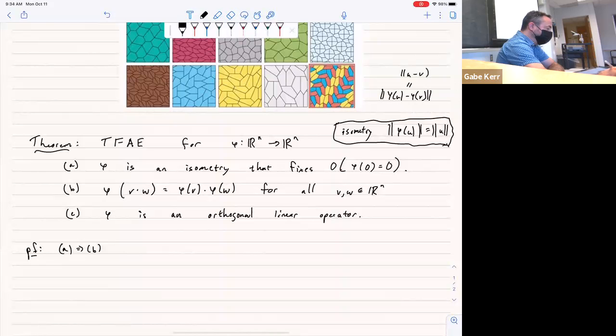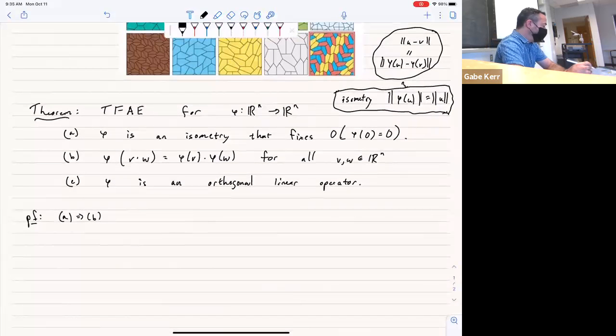However, if I take one of them to be 0, and I know 0 goes to 0, then I get this. This is the definition of isometry: it preserves distance.